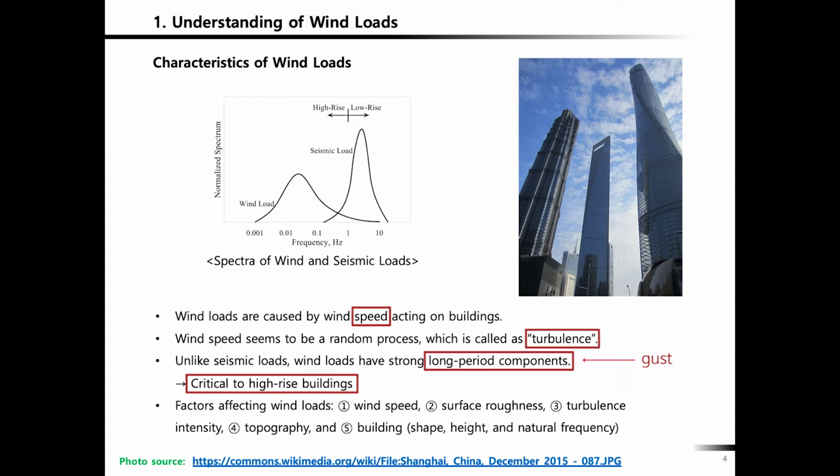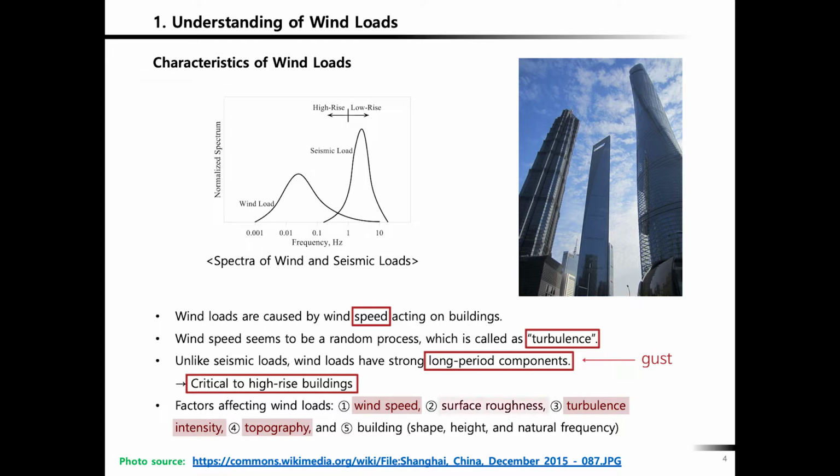So factors affecting wind loads include wind speed and turbulence intensity. If you have a large variation, then you have a large turbulence intensity. Topography: on a hill, you have a higher wind force because of accelerated wind speed when you have a slope or ramp.